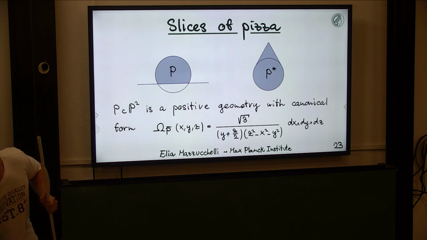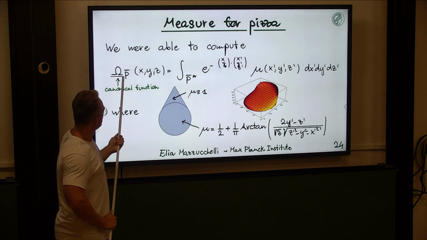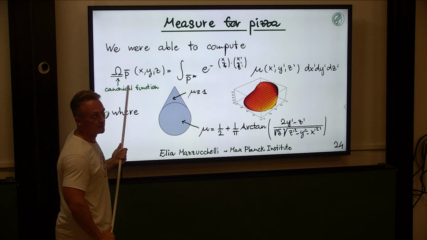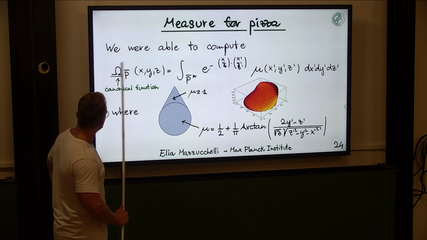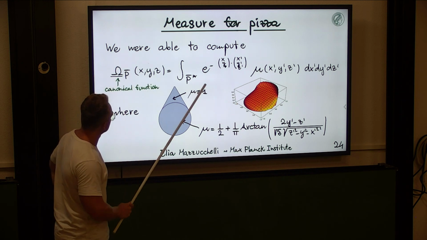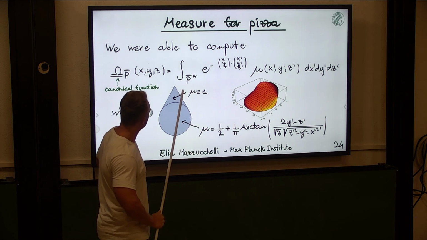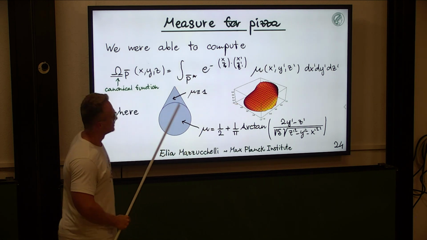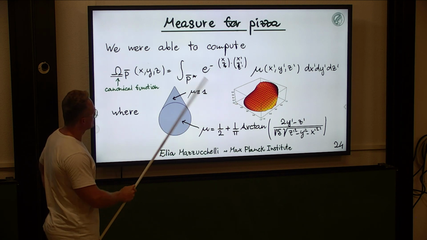And we could compute something like the Choquet representation. So we could show that the canonical function of this pizza slice has a Laplace integral representation over the dual with a non-trivial measure supported really on the dual cone of this, where the measure is now non-trivial.